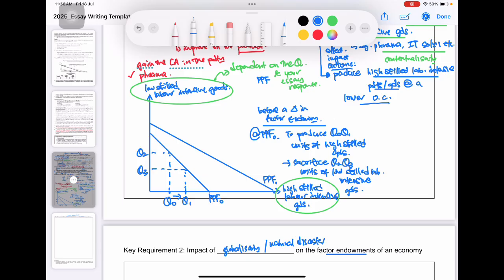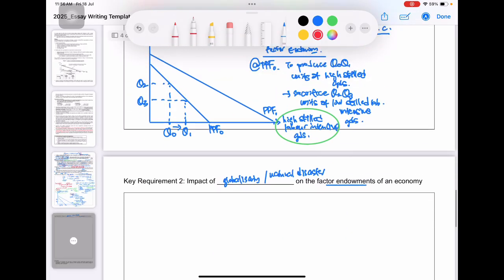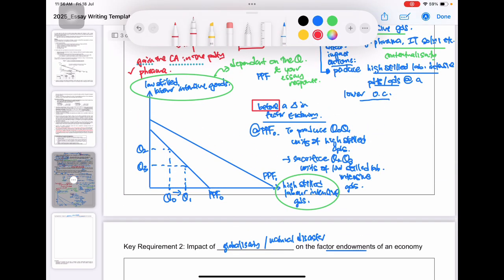Okay, so this is the case before a change in the factor endowment, on PPF 0, the original PPF, the quantity that is being sacrificed to produce Q0 to Q1 units.